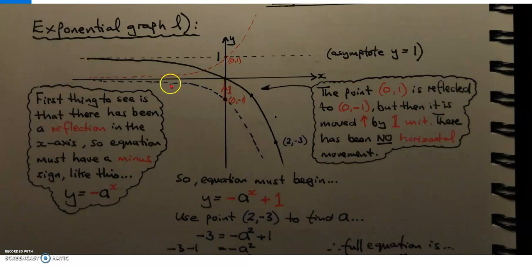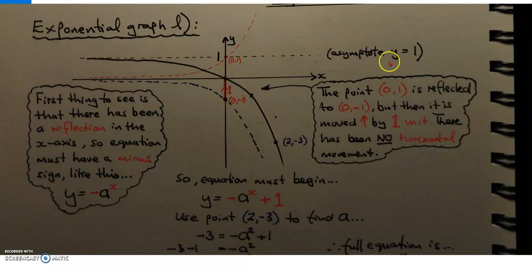It's been reflected in the x-axis. Now if it's been reflected, it means that we're going to have a minus sign in front of the base. Okay, and when you see this reflected one here, well, it's not in the right position for the one that we've got.